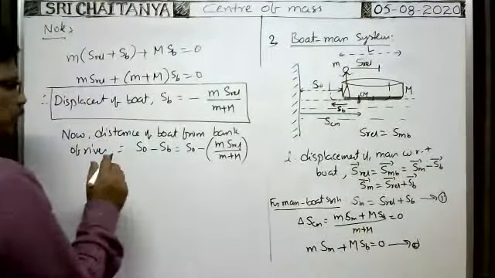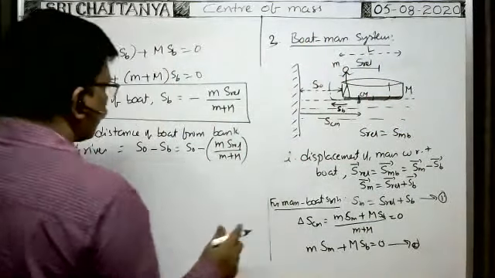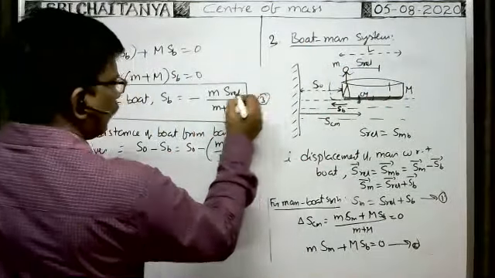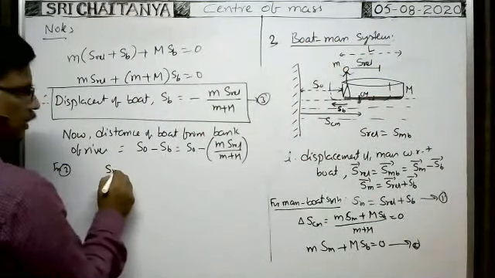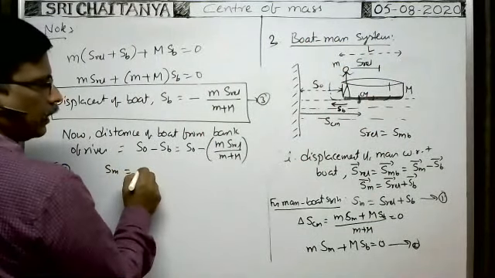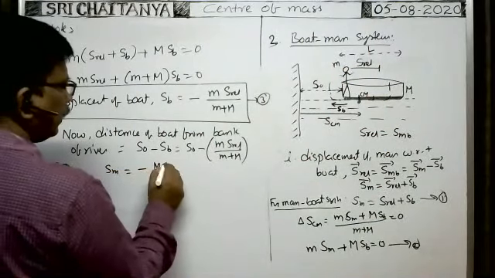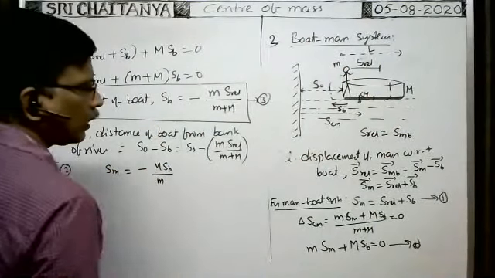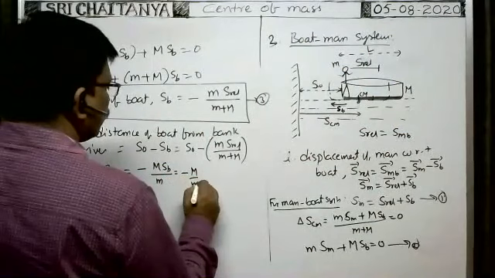So displacement of the man they asked, that means SM they asked. From this formula, from equation 2, this is equation 3, from 2, SM is equal to minus M by small m into SB.